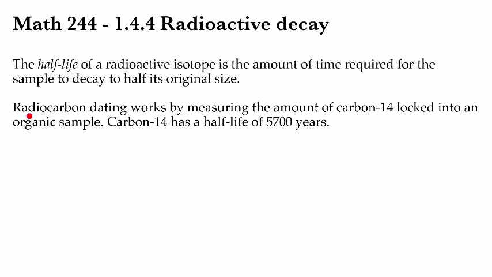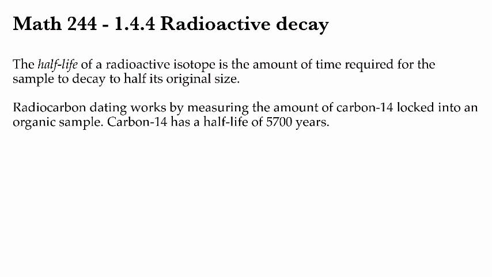So the idea behind radiocarbon dating is that you can measure the amount of carbon-14 locked into an organic sample. While the organic sample was alive, whatever it was, a tree or a hominid or whatever, there was a certain amount of carbon-14 circulating through the atmosphere, and that amount is being regularly infused into the tissues of the organic creature.